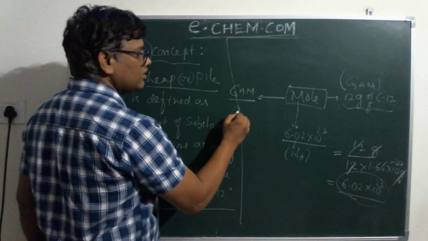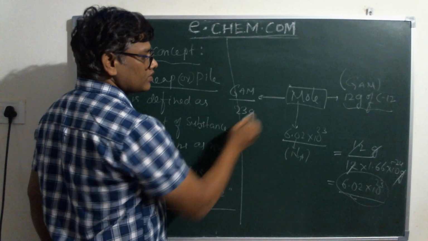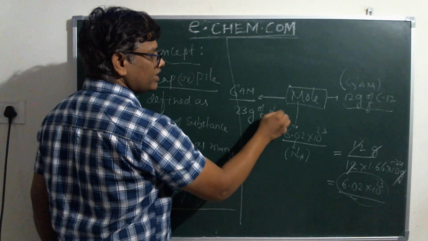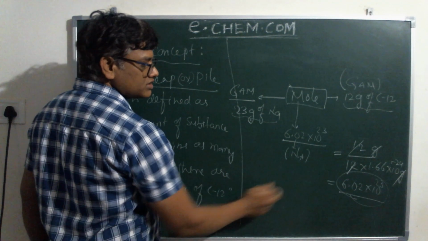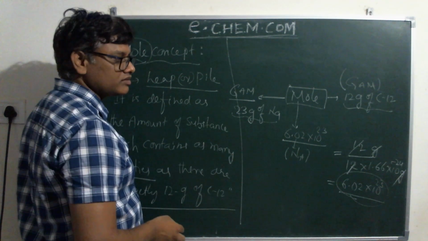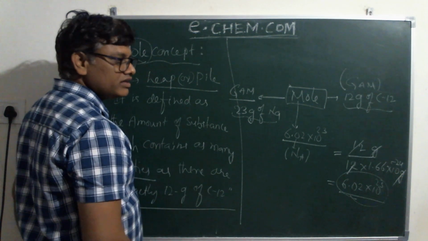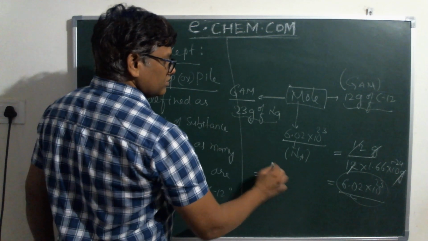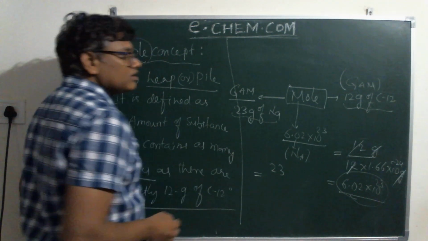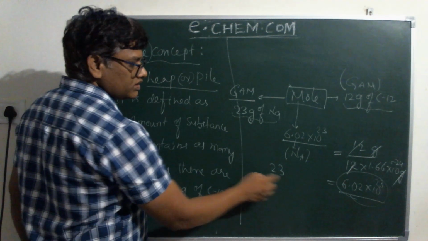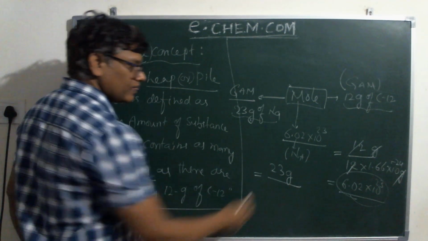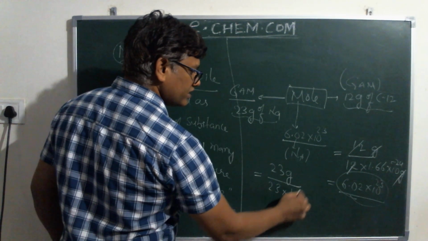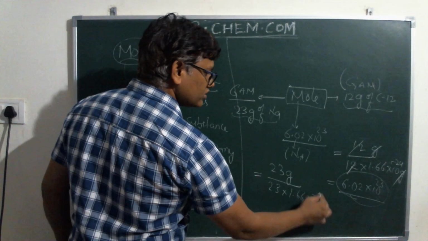For example, 23 grams of sodium, if I consider, on weighing 23 grams of sodium consists Avogadro number of sodium atoms. Let's calculate. Gram atomic mass of sodium is 23 grams divided by mass of one sodium atom, that is 23 into 1.66 into 10 power minus 24 grams.